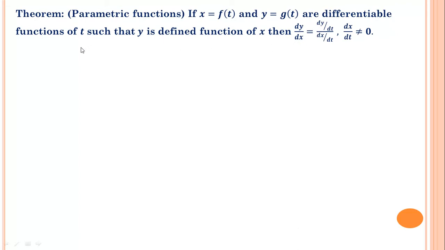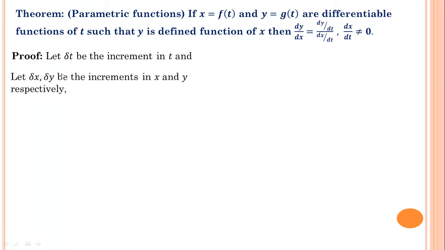Now we will prove this theorem. This is a very important theorem from exam point of view. So let us begin. We will use the Leibniz notations here. So for that, consider or let delta t be the increment in t, and let delta x, delta y be the increments in x and y respectively.